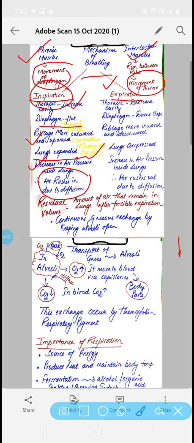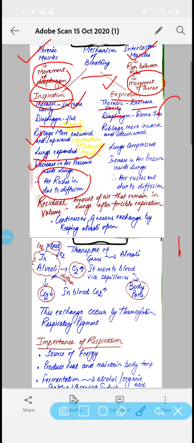Firstly inhale and then exhale the air. जब आप exhale करोगे, then your thoracic cavity will come to the normal position, its area will decrease, and your diaphragm will also attain the normal, relaxed position, that is dome shape.